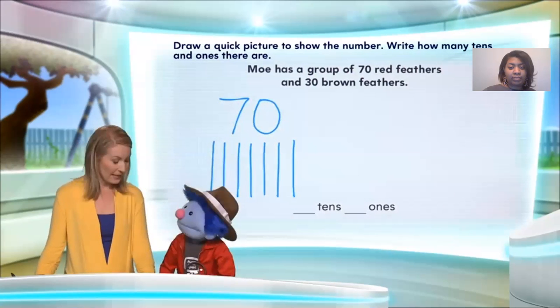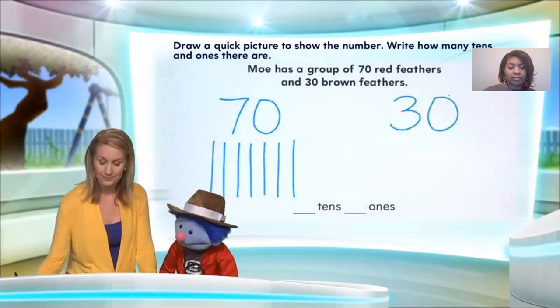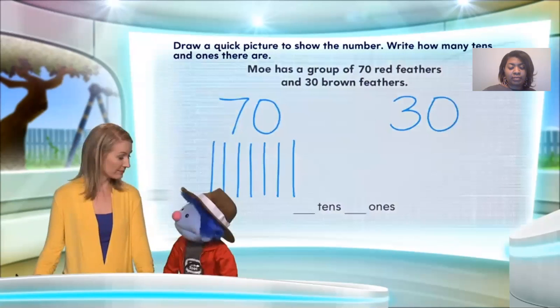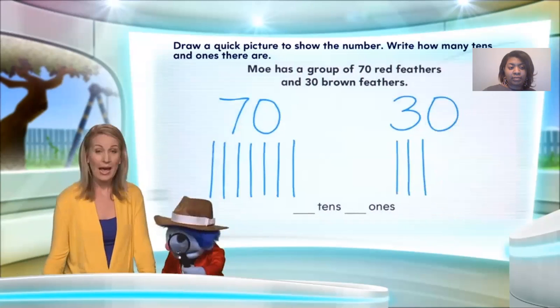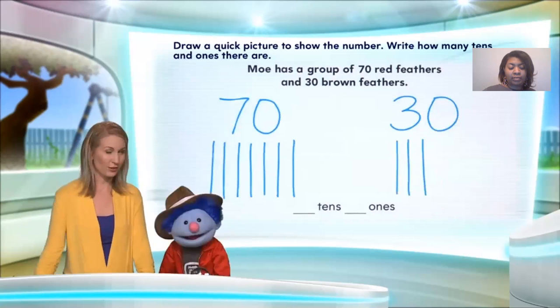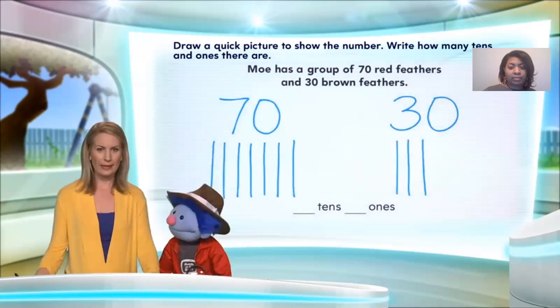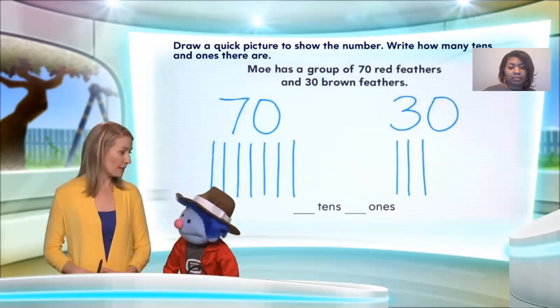Okay, so now let's look at the number 30. How many tens does 30 have? 3. 1, 2, 3. How many ones does 30 have? None. That's right.